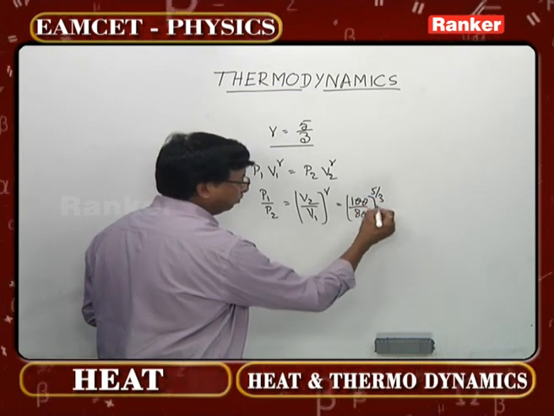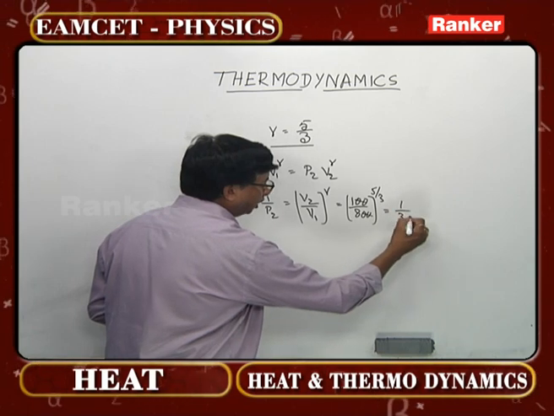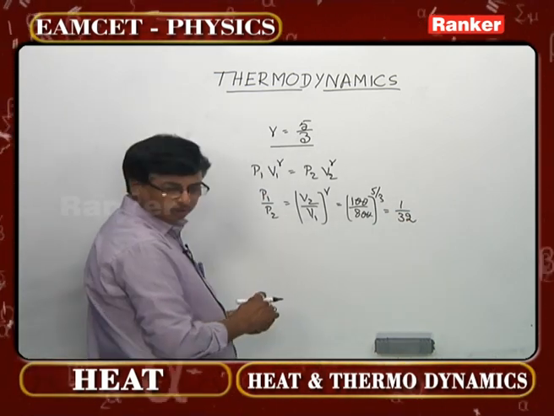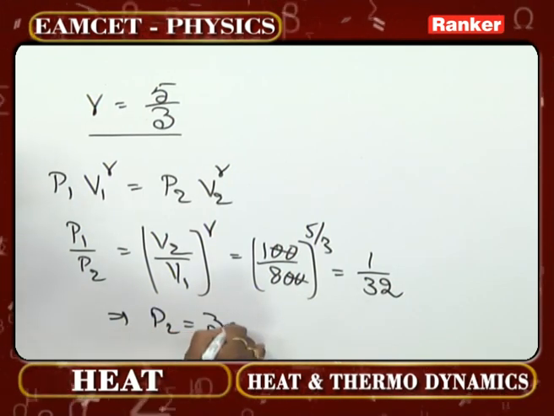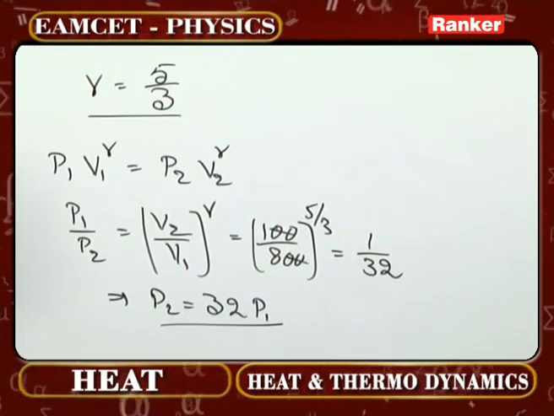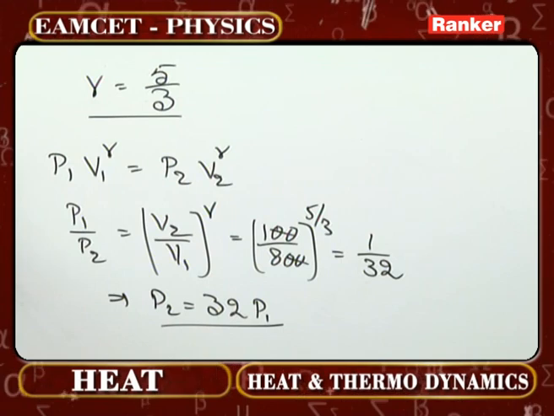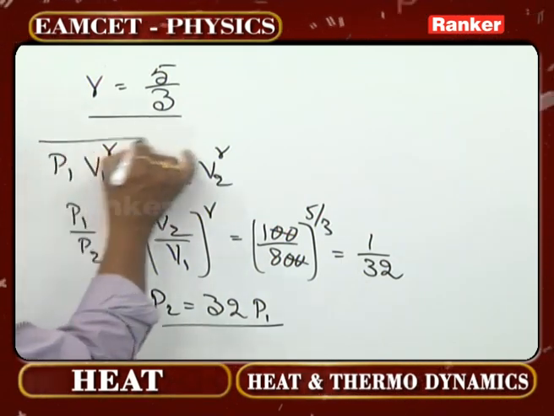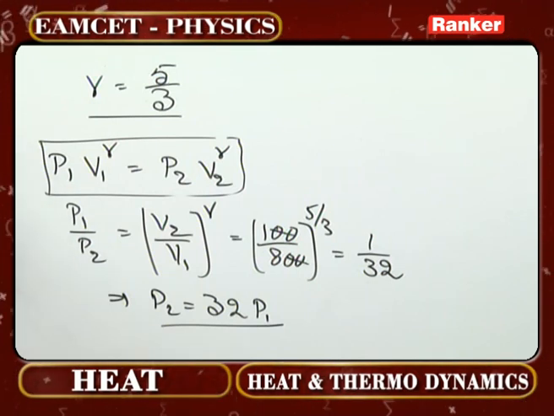Now this becomes 1/8 to the power 5/3. Cube root of 1/8 is 1/2, so it now becomes 1/32. So what will be the value of P2? It should be 32 times P1. So it increases 32 times. The correct option for this one is the fourth option. So one should remember this equation, the Boyle's law equivalent for an adiabatic process.